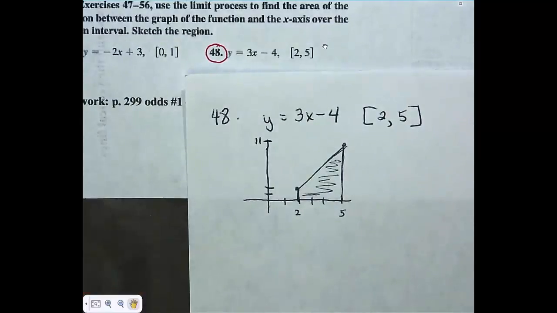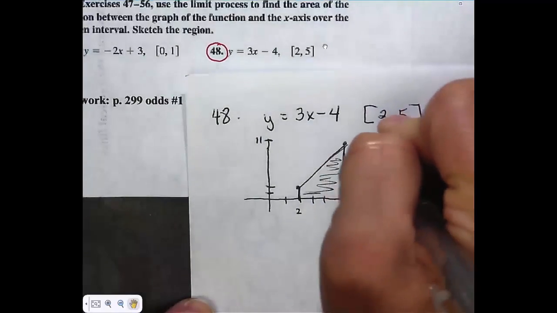Do I really need calculus to find the area? What shape is that? That's a trapezoid. How do I find the area of a trapezoid? You average the short base and the tall base, and then use the width. It's the length times the width.